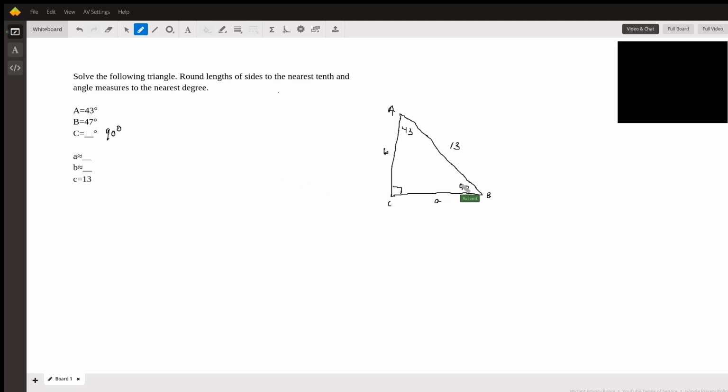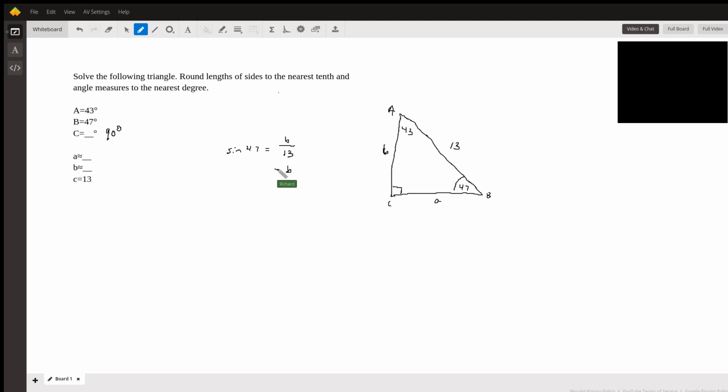So we'll look at angle B, and we'll just use the sine of B. So the sine of 47 is opposite over hypotenuse is b over 13. Excuse me, it's not a 6, it's a b.